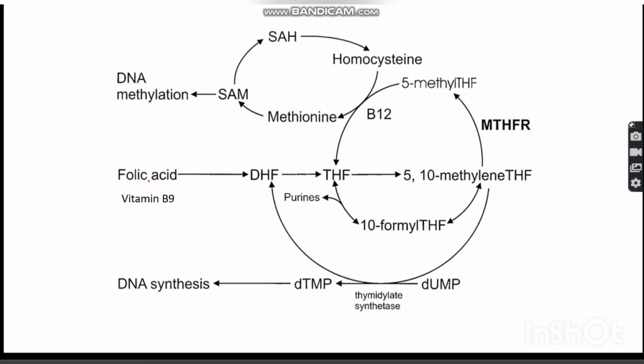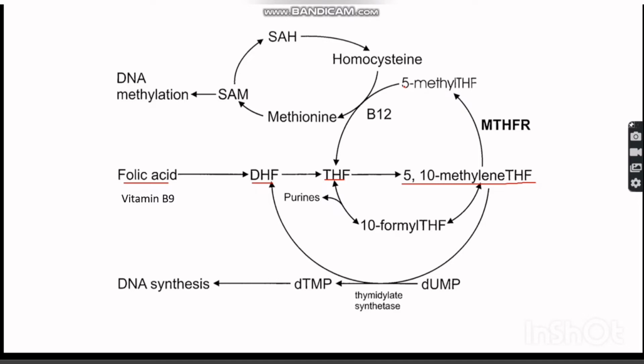So when we obtain vitamin B9 from the diet, that is folic acid, it is converted into dihydrofolate, then into tetrahydrofolate, and then it produces 5,10-methylene tetrahydrofolate. With the help of the enzyme methylene tetrahydrofolate reductase, it is reduced and converted into 5-methyl tetrahydrofolate.